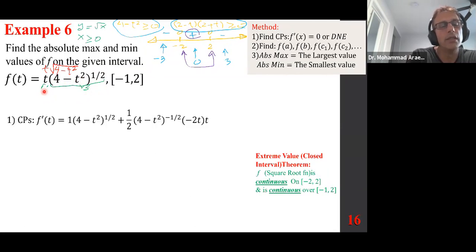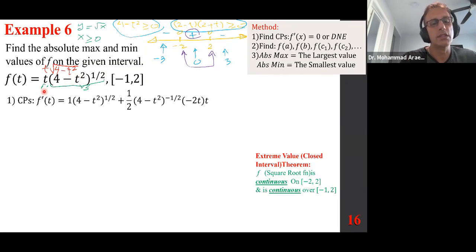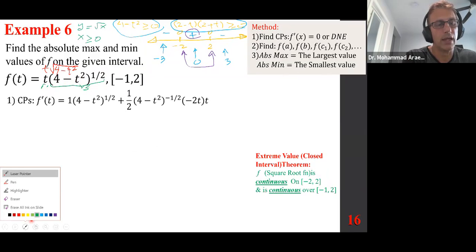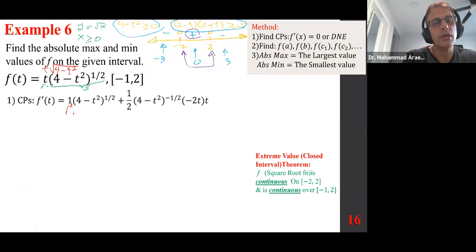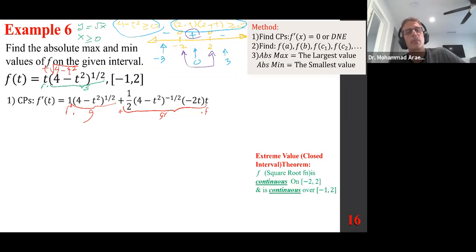So I'm going to write this for everybody so you can see what we have established here. We have f prime g plus g prime f.